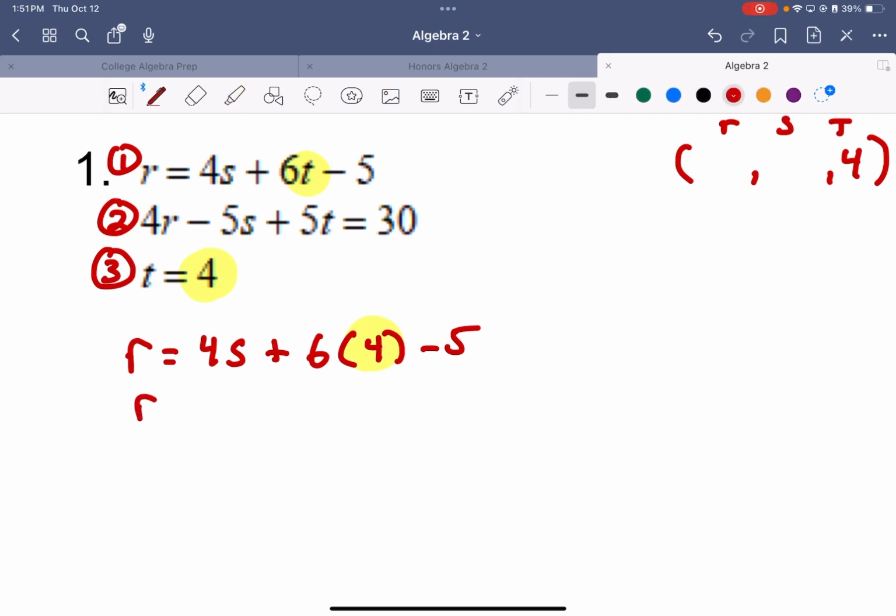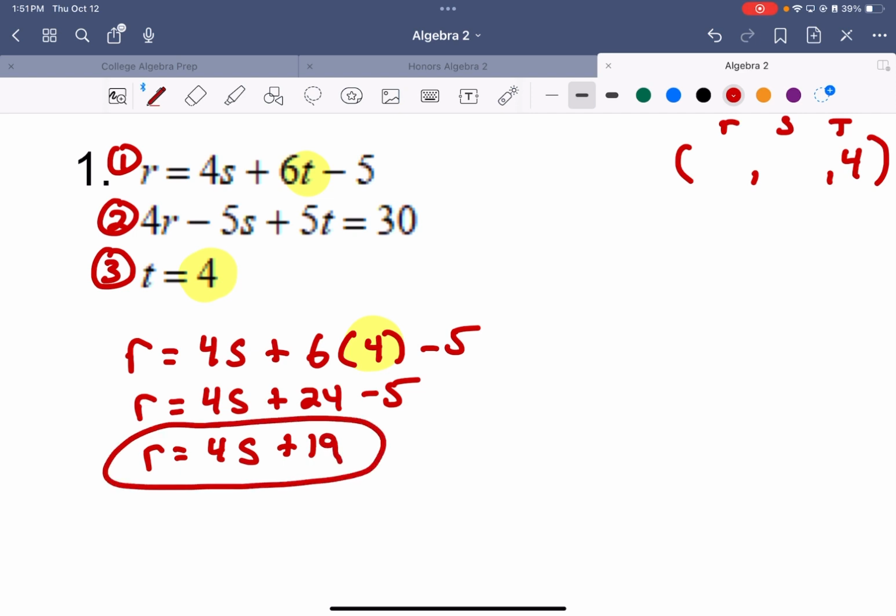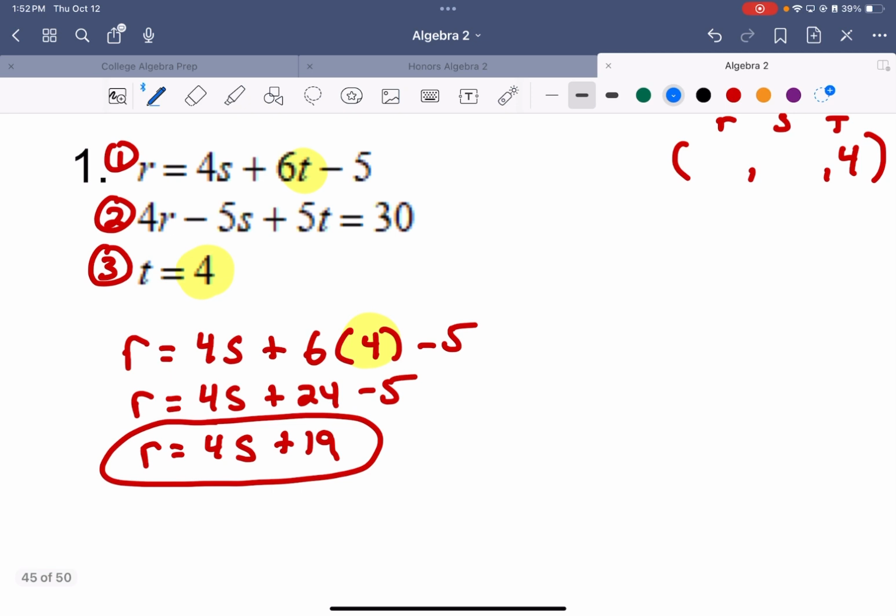So this is R is equal to 4S plus 24 minus 5. So R is equal to 4S plus 19. Okay, so I'm going to put a little circle around that. And I'm going to name that equation number 4.